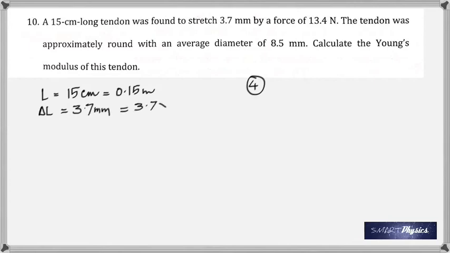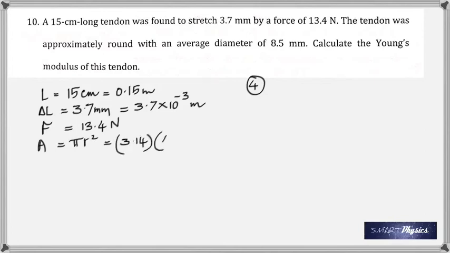Just made both into meters. Force is 13.4 newtons and area is pi r squared because the cross section is a circle. And what is given is the diameter, so I've got to take the radius in meters and square it. That's what I've done here.